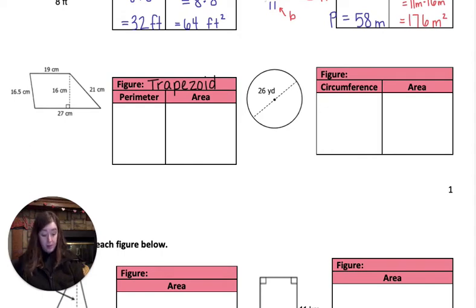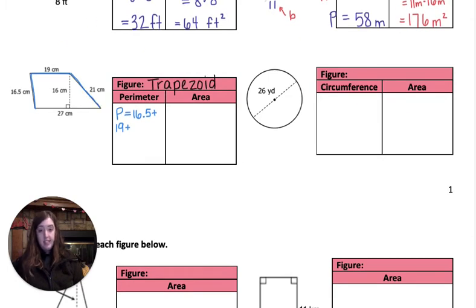So to find the perimeter, we're going to add up all of the sides, just the stuff around the outside. Here's that side right there, 16.5 plus. Then we have that top side, 19 plus.